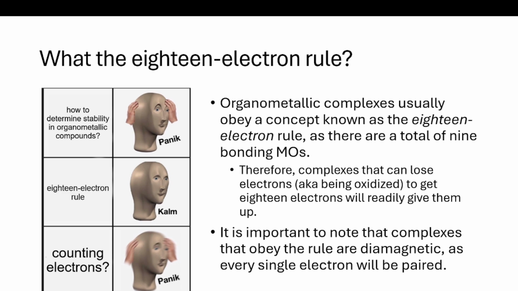And it's important to note that organometallic complexes that obey this rule are diamagnetic. That's because this rule stems from a total of 9 bonding molecular orbitals. 2 electrons for each molecular orbital yields 18 electrons. If we have all those bonding MOs filled, then that complex is going to end up being diamagnetic.